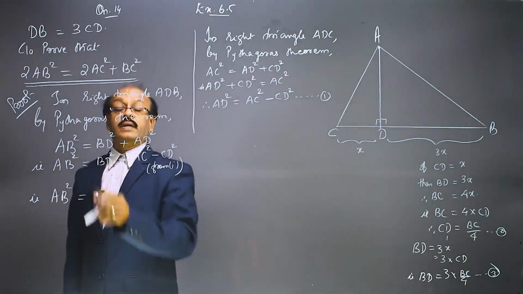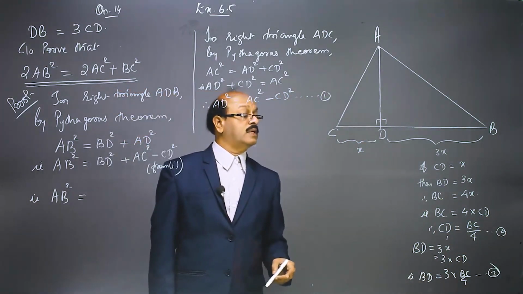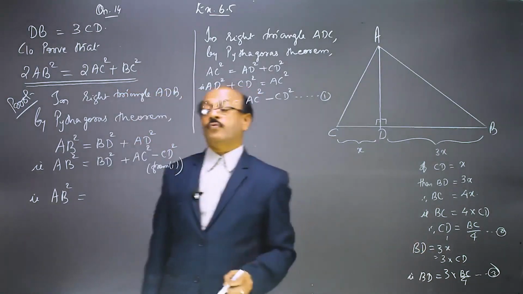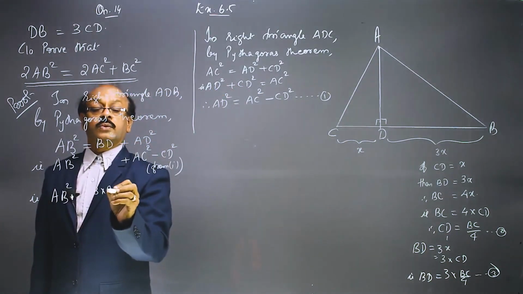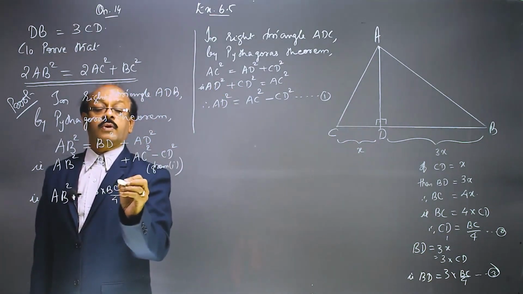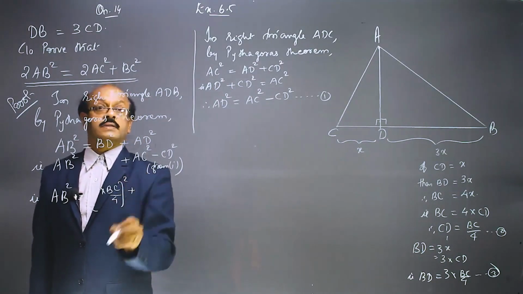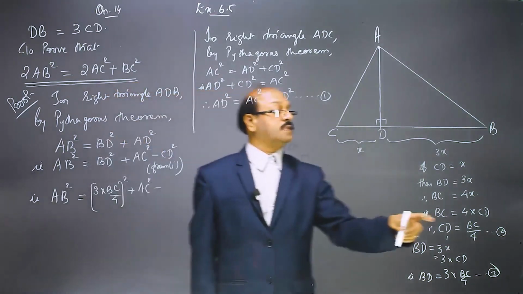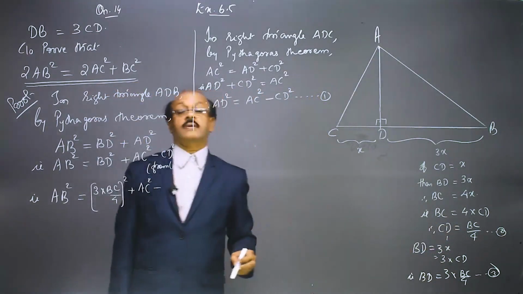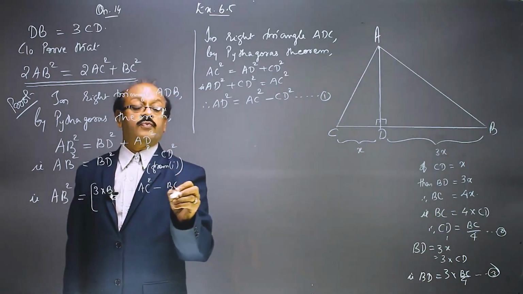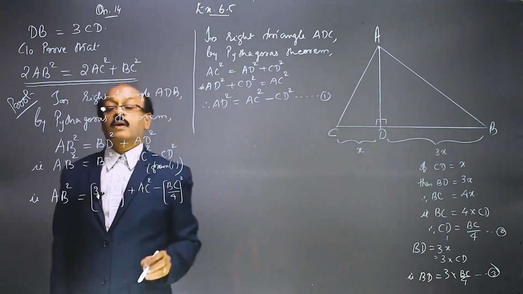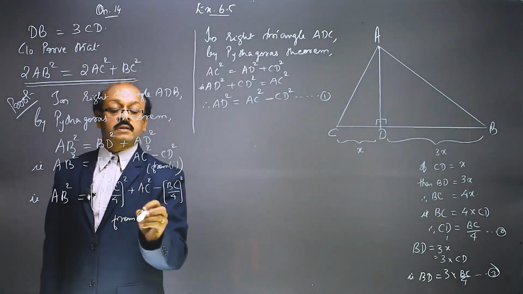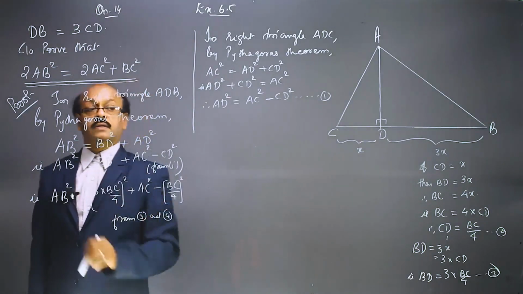AB square is equal to BD square, which is 3BC by 4 the whole square, plus AC square minus BC by 4 the whole square. From equations 2 and 3, we are getting this result.